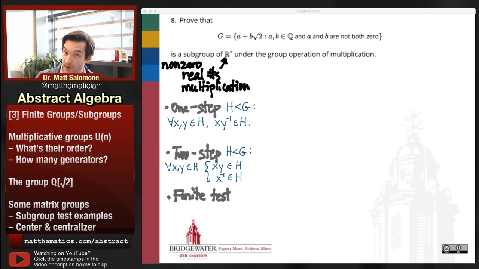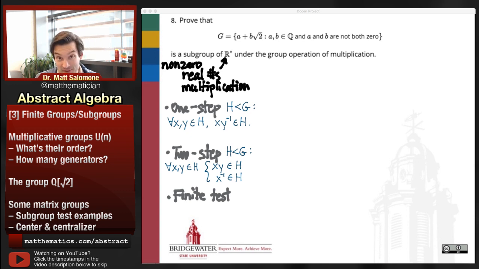Basically, what the two-step test is telling us is that if we can verify closure and inverse, the identity comes along for free, and so does associativity, and therefore we get everything that we would need for a group. So in a way, the two-step test is not too surprising, because if we took y to be the same thing as x inverse, then x times x inverse belonging to H would mean the identity belongs to H, and therefore the identity property is satisfied.